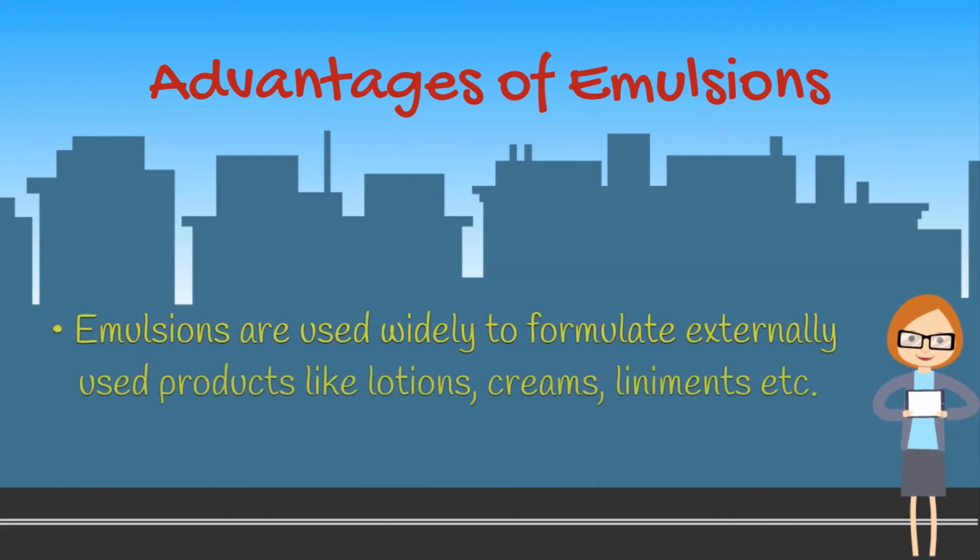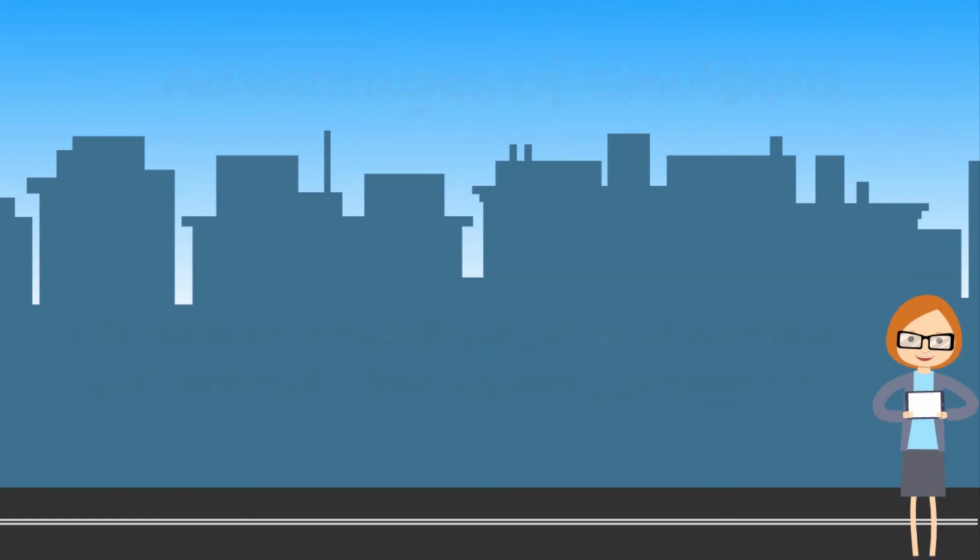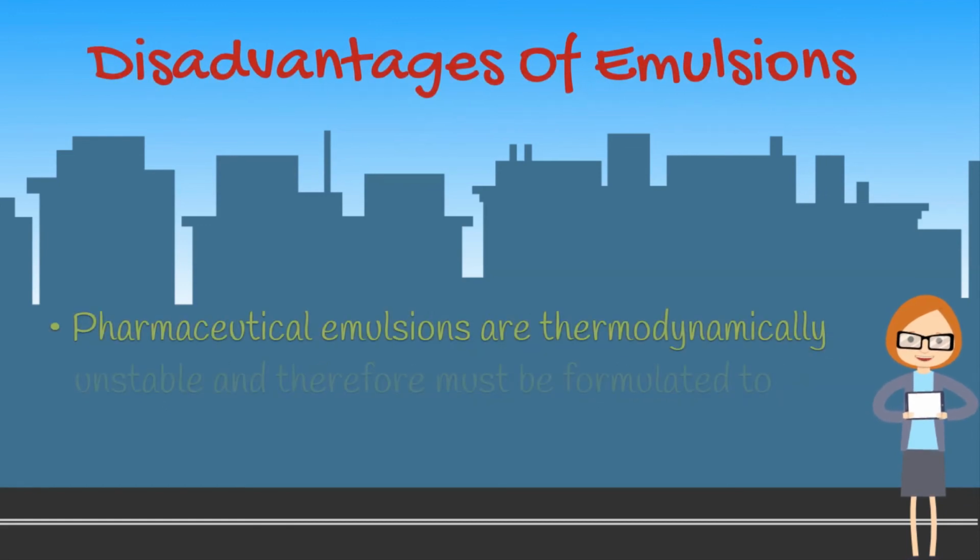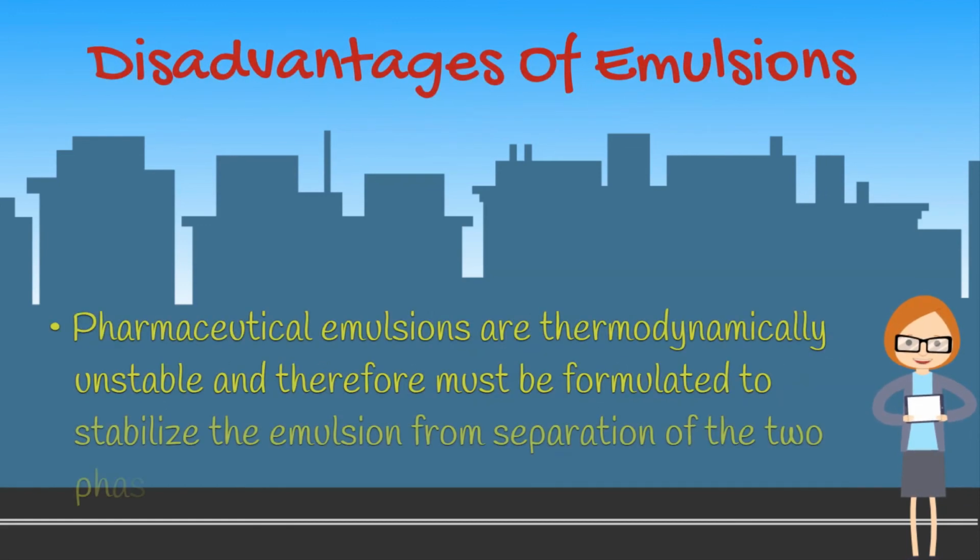Emulsions are used widely to formulate externally used products, like lotions, creams, liniments, etc. Pharmaceutical emulsions are thermodynamically unstable, and therefore must be formulated to stabilize the emulsion from separation of the two phases.